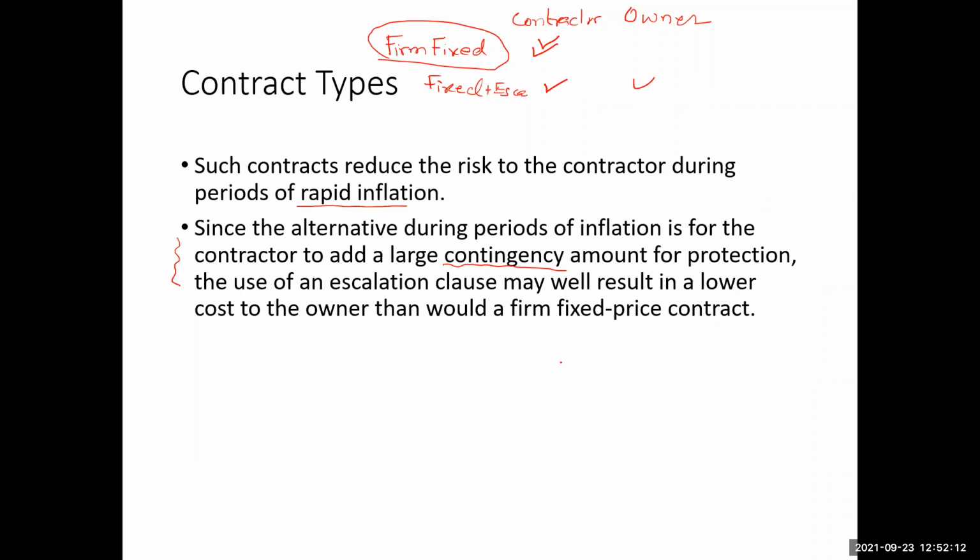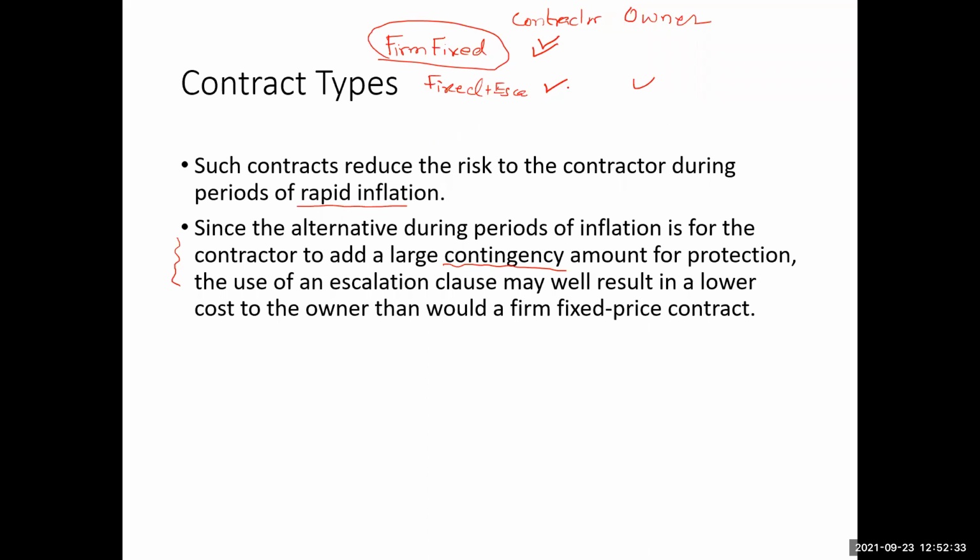That means the contractor will say there is a lot of risk involved in this project, therefore it will include a lot of amount for meeting that risk. Therefore the contractor's bid will be much higher in that situation.